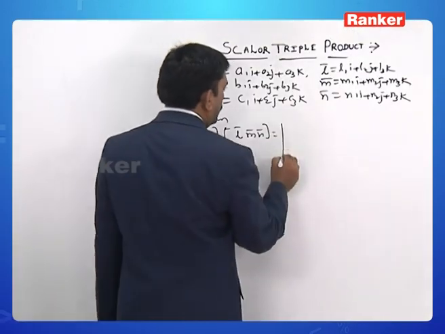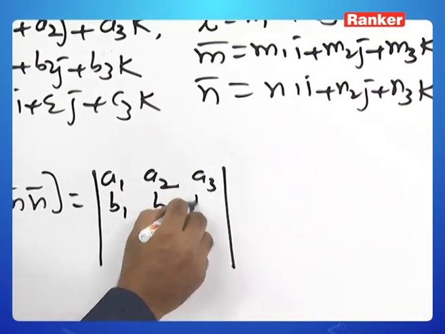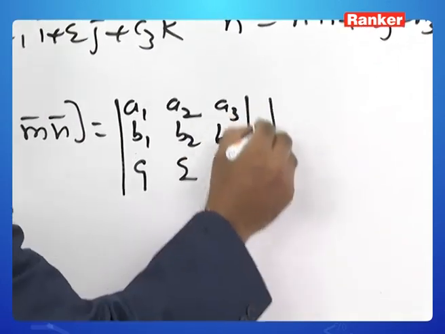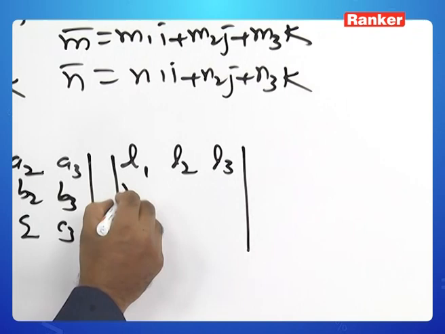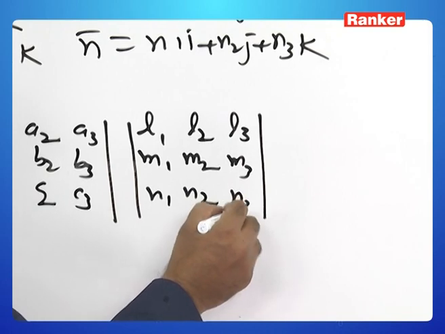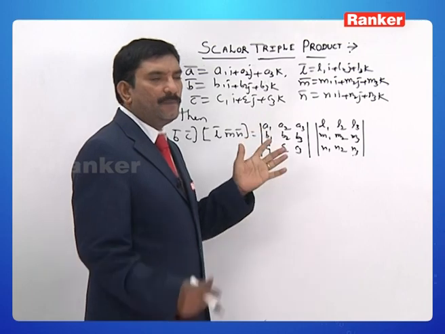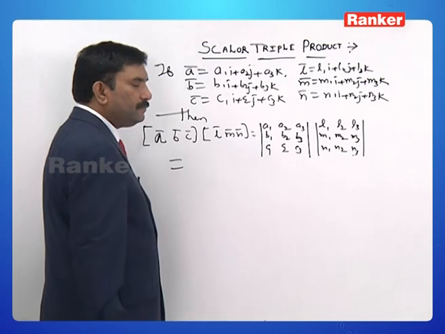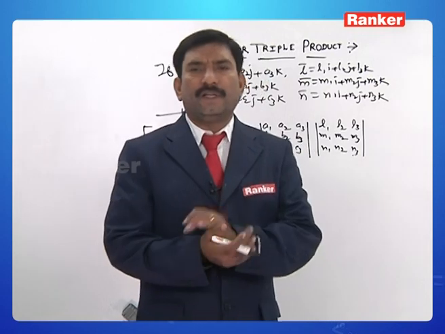Now I can write this as the determinant A1, A2, A3; B1, B2, B3; C1, C2, C3, and this is nothing but L1, L2, L3; M1, M2, M3; N1, N2, N3, right? Now, in terms of i, j, k, the box of i, j, k is equal to 1. Now remember, I have to multiply one determinant with another determinant.